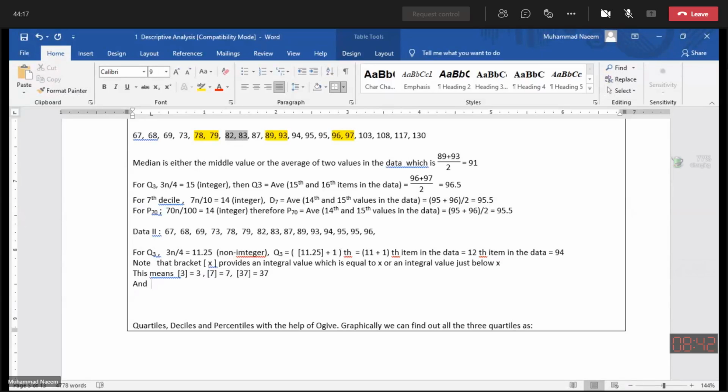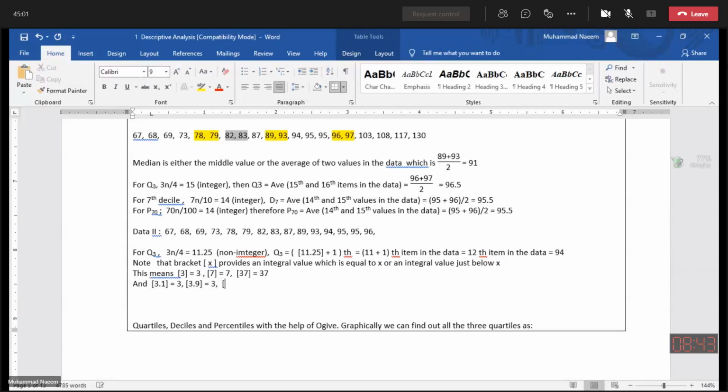But if it is not integer, let's say 3.1, it will provide an integral value just below this point. Even for 3.9, as 3.9 is non-integer, and we apply bracket function to this value, this will give us an integral value just below 3.9, which is again 3.